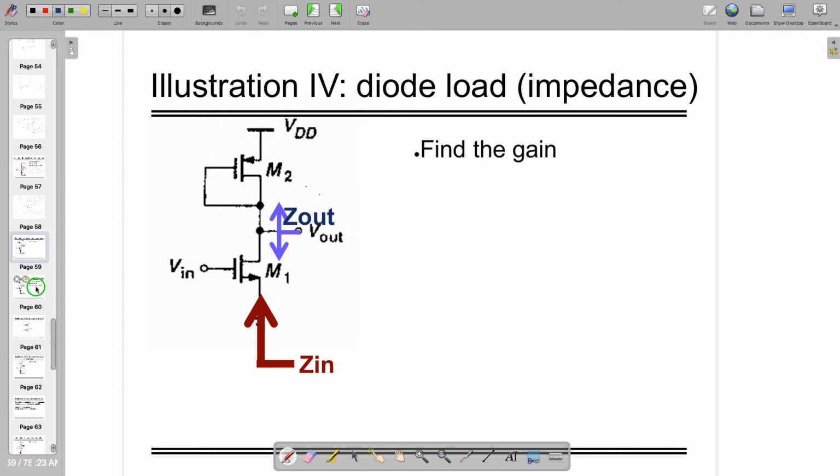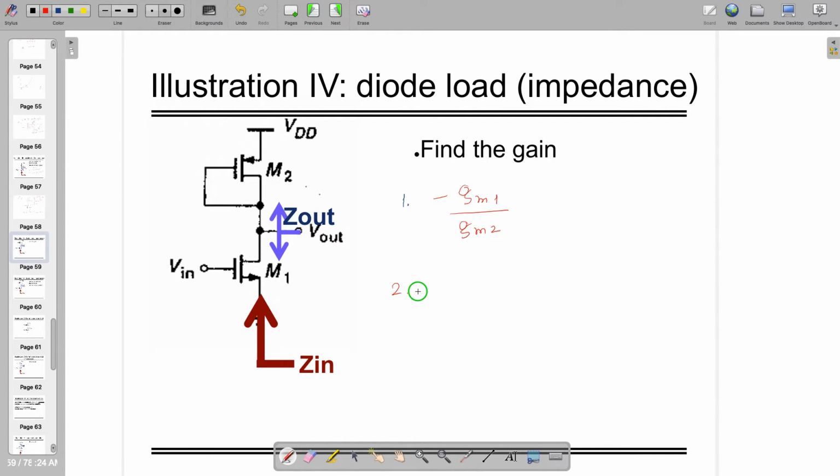Okay, so now tell me, what is the gain when there is no channel length modulation? Minus GM1 divided by GM2.